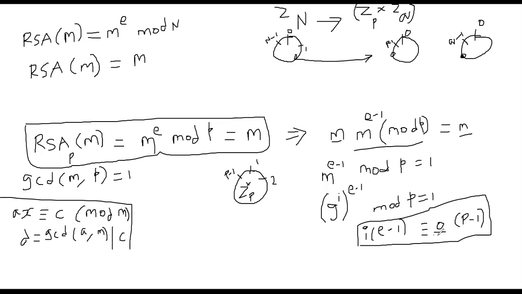C is 0. So all numbers divide 0. That's a well-known fact. So that means this equation must have a solution.